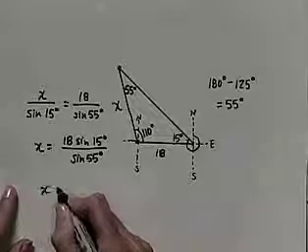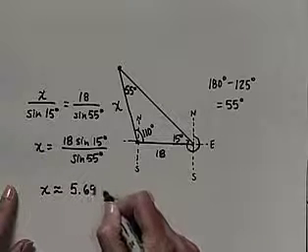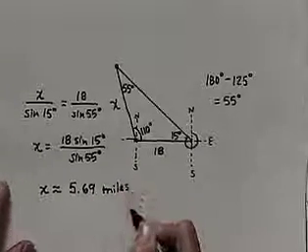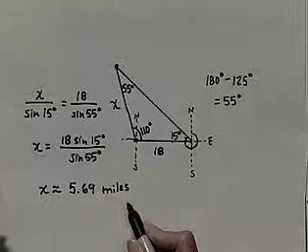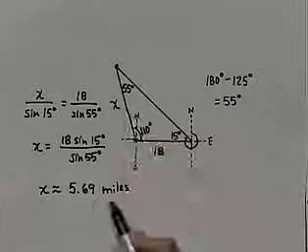And we know that we're dealing with miles because of the fact that the other length that was given in the problem was in miles. So writing down our solution, we come up with x approximately equal to 5.69 miles. And what we can then interpret is that the distance between the ship in this present location and the lighthouse would be this measure.